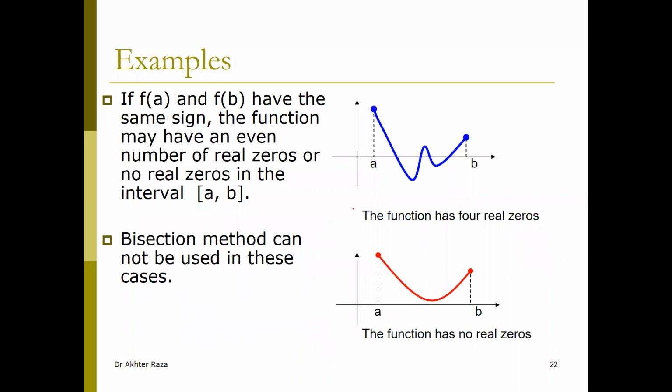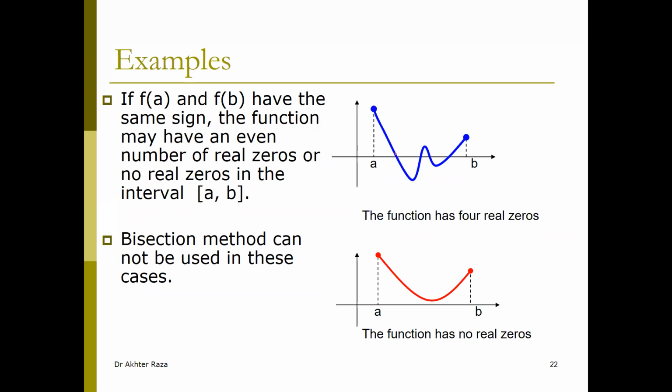So in this case, we have FA and FB, but multiple values are there. Both are positive, but roots exist. So if FA and FB have the same sign, the function may have an even number of real zeros or no real zero in the interval.